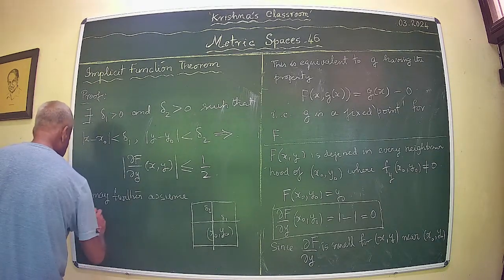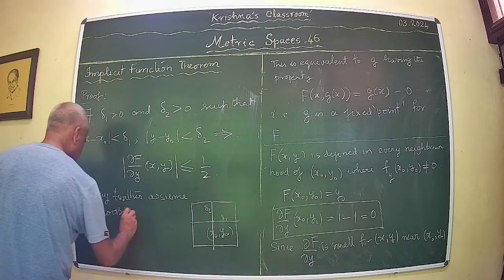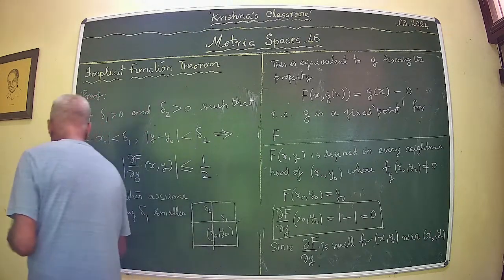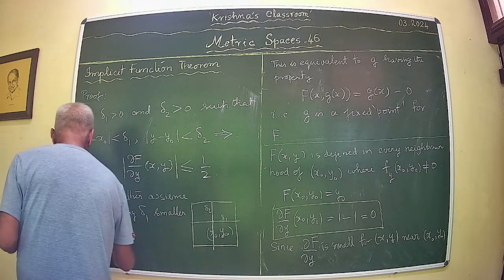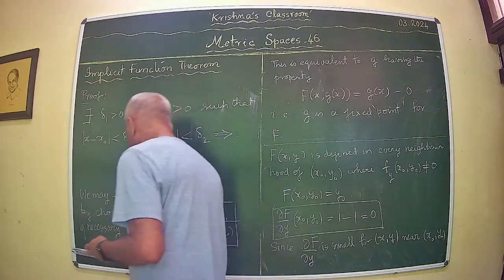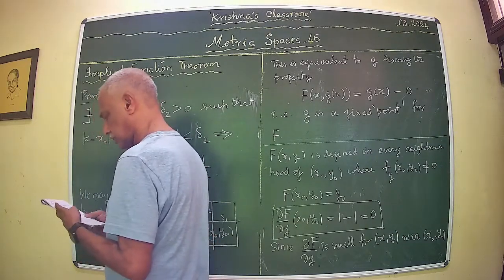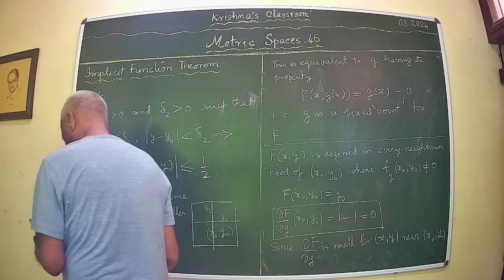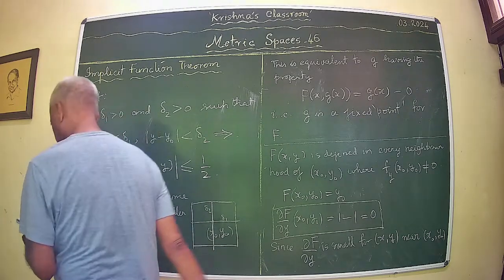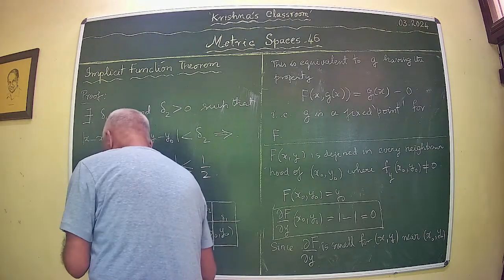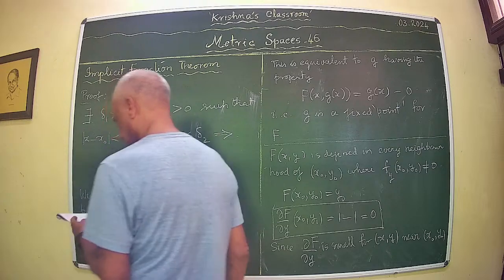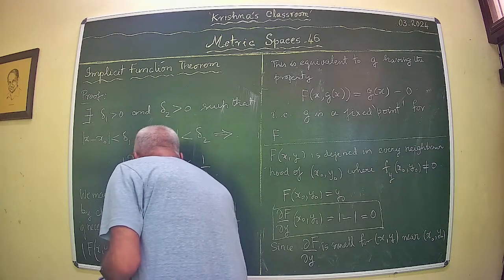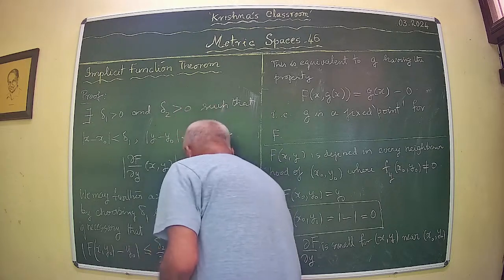by choosing delta 1 smaller if necessary, that the absolute value of f of x, y naught minus y naught is less than or equal to delta 2 by 2, such that mod x minus x naught is less than delta 1.